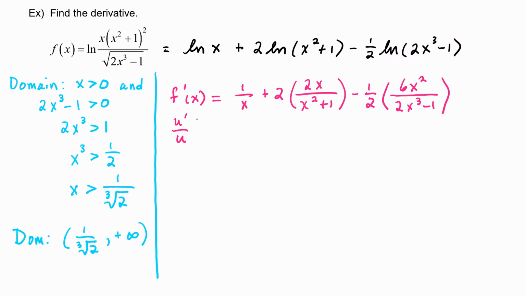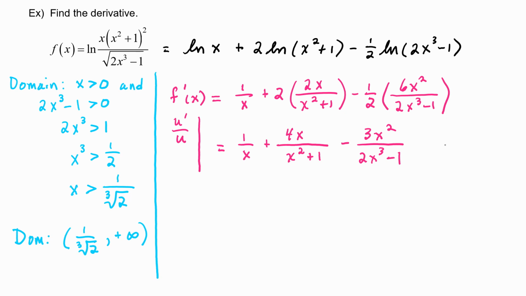Let's simplify, and we have 1 over x plus 4x over x squared plus 1 minus 3x squared over 2x cubed minus 1.